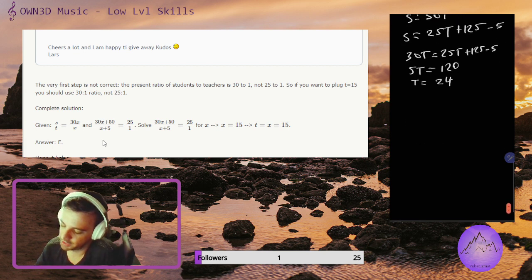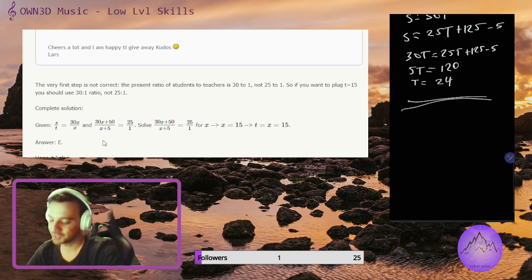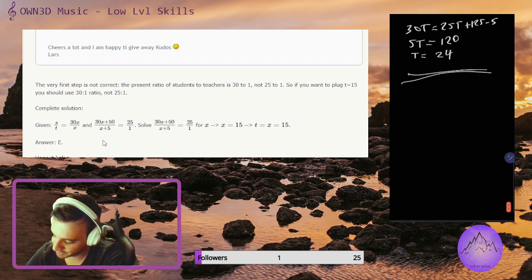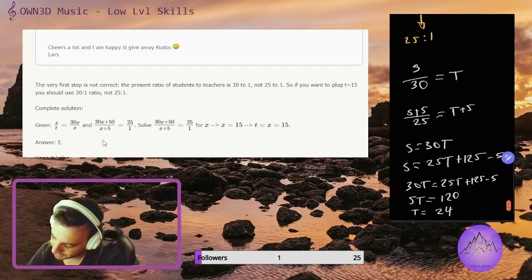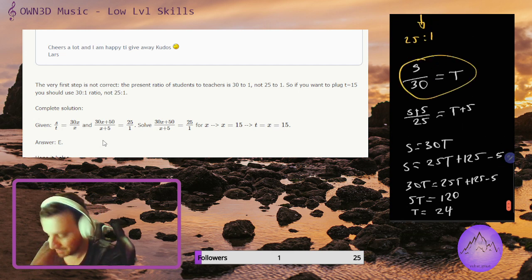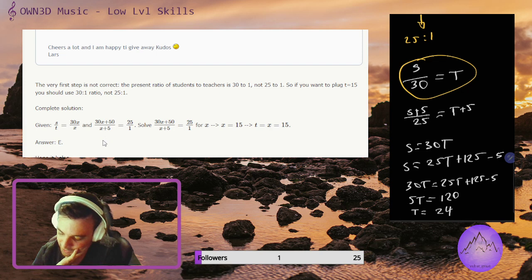All right, I'm just going to try and do that algebra for myself to make sure I actually know how to do it. My logic there was basically saying, well, the number of teachers is equal to the number of students divided by 30, because there were 30 students for every teacher.